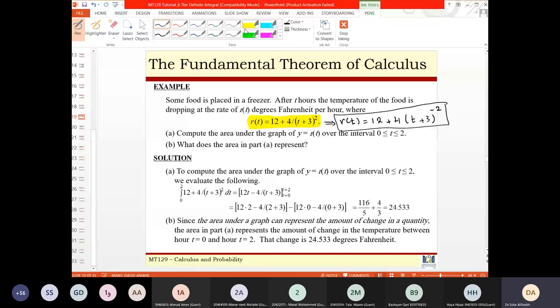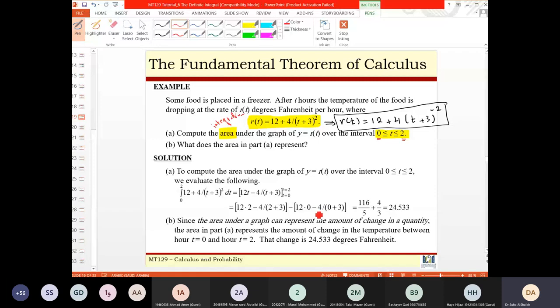Now, what do they want in the question? Compute the area under the curve لما الانترval is from 0 to 2. How can I find it? على طول كلمة area معناها what do I want هنا؟ إيش يبغى لما يقول لي area؟ يعني integration صح؟ من وين لوين؟ من التايم 0 للتايم 2.